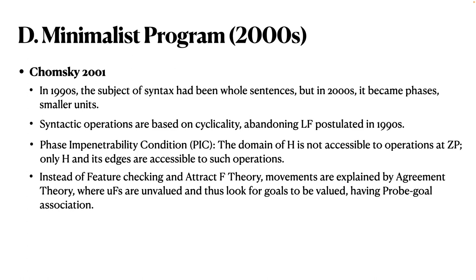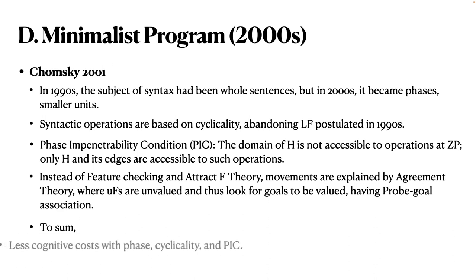Under the feature checking theory, lexical items were considered to be introduced to the syntactic component with all the morphological features. In the agreement theory, however, uninterpretable features are considered unspecified. Therefore, movement occurs by forming a probe-goal association, finding a goal to determine the value of the uninterpretable features.